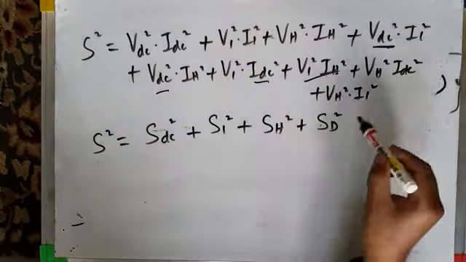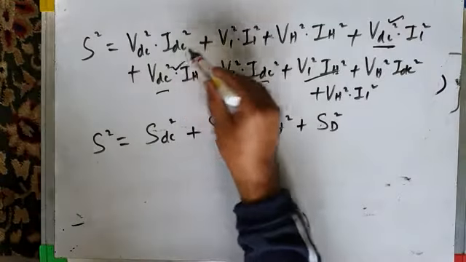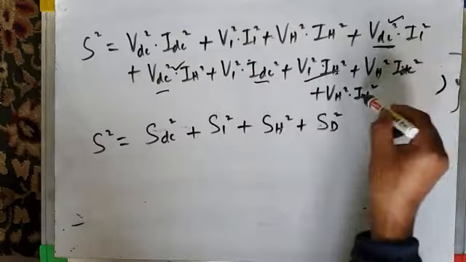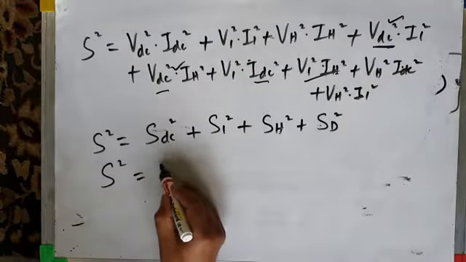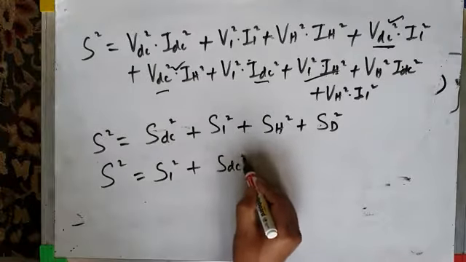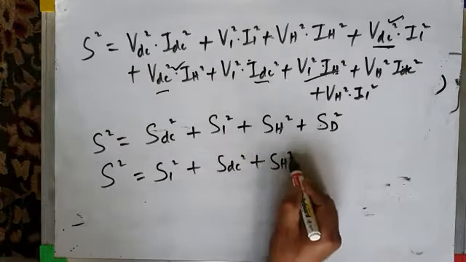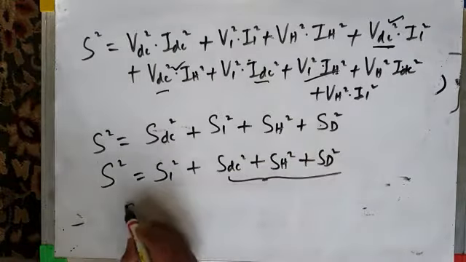Okay, so this apparent power due to distortions is from here, this term plus this term plus this plus this plus this plus this, all the terms. So I can also write S square is equal to S1 square plus SDC square plus SH square plus SD square. I can combine these three terms.